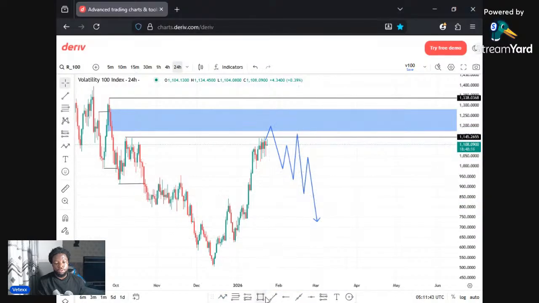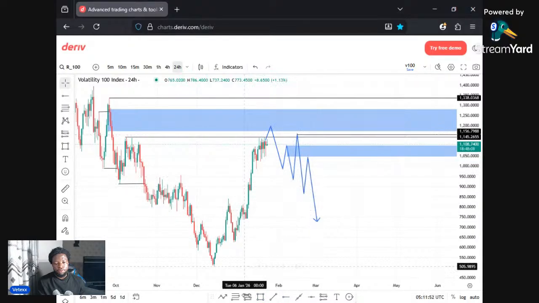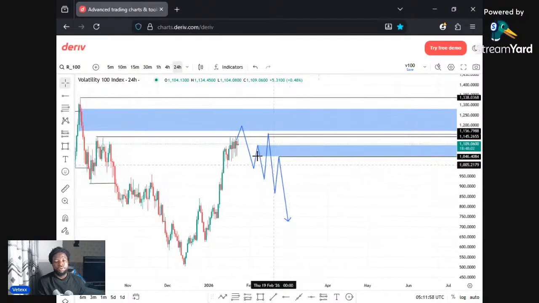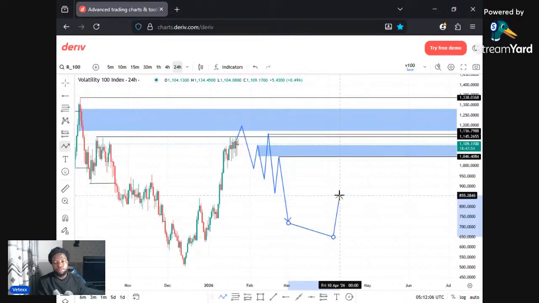A 4-hour continuation like this, then we can start taking. Then once we see our continuation on the 4-hour, just like this, and then price taps into our 4-hour zone.